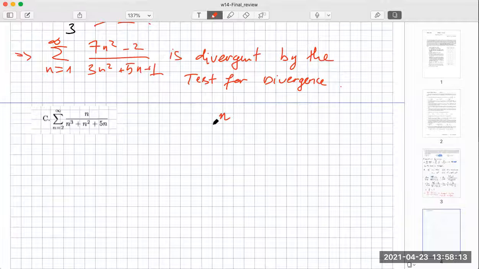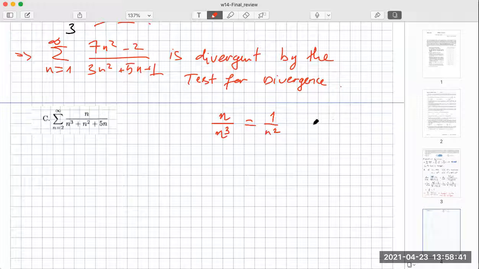What is the highest degree of the denominator? n cubed, right? It means that these two sequences, we do it in our mind. I write it here just to show you. And this one is the same as 1 over n squared, right?